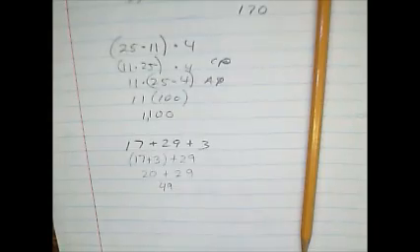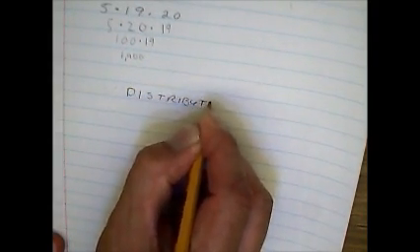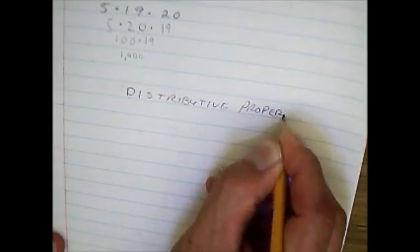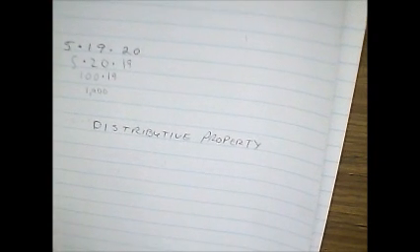But you'll remember that at the beginning of our period together, I said that there were four properties we're going to be dealing with. The next one we're going to talk about is called the distributive. What does it mean to distribute something?